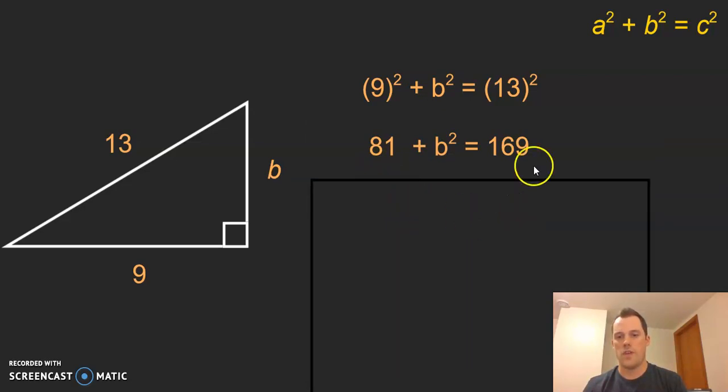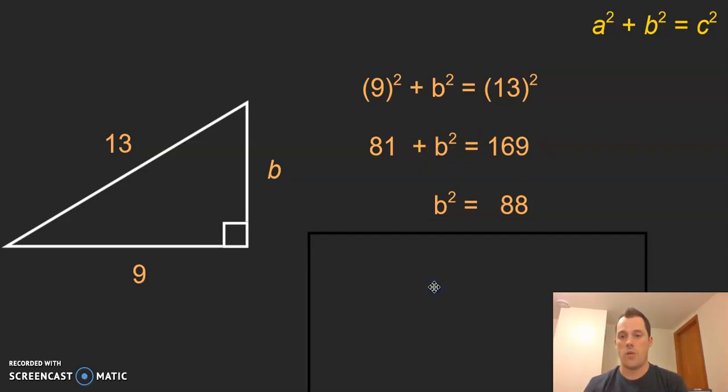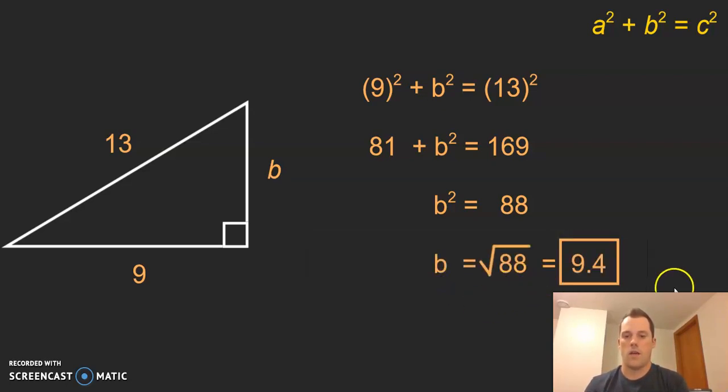And now we have to move this 81 over because we're trying to get this B by itself. So we subtract 81. Now we get B squared equals 88. We take the square root again. And the square root of 88 gives us 9.4 once we round. And so we've got 9.4 as this missing length.